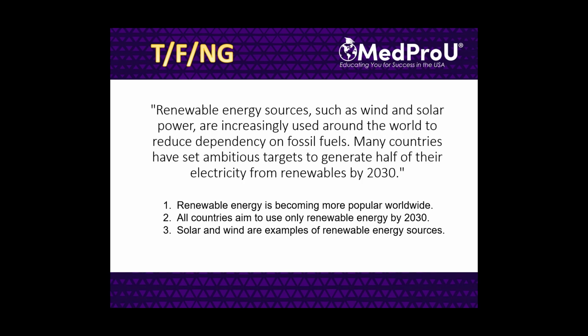But when we say all countries, it's not telling you the opposite, but you cannot confirm it in the passage. Do you get it? If it's telling you the opposite, that is false. But if you cannot verify it in the passage, that is not given.